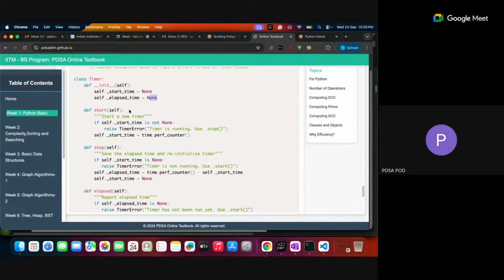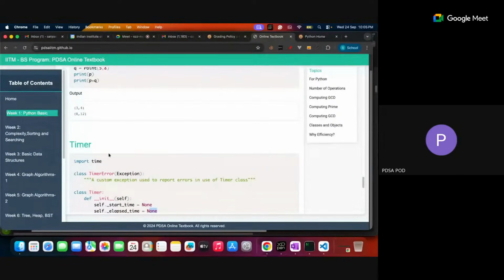As and when you call the start function, if self.start time is not None, it contains some value, which means the timer is already running. It says that I already started counting time, don't start me again. That's the error it will raise. If it contains None, it's not yet started, so it gets the current performance counter from the time library, which is a Python library.